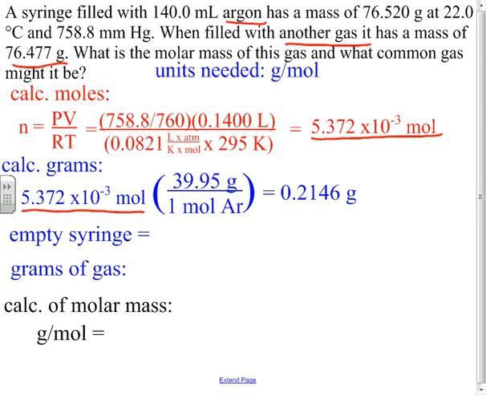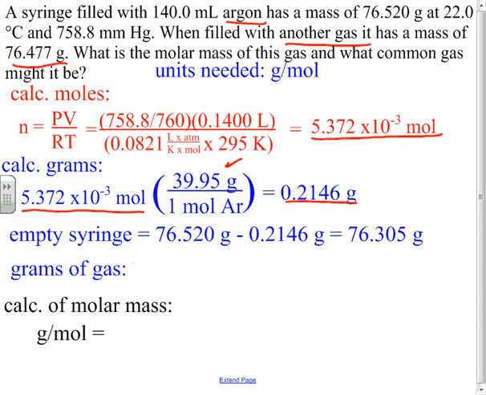But by multiplying by the molar mass of argon, we can get the number of grams of argon. Then to calculate the mass of the empty syringe, we can take the mass of the syringe with the argon gas, subtract the grams of argon, and that gives us the mass of the empty syringe.